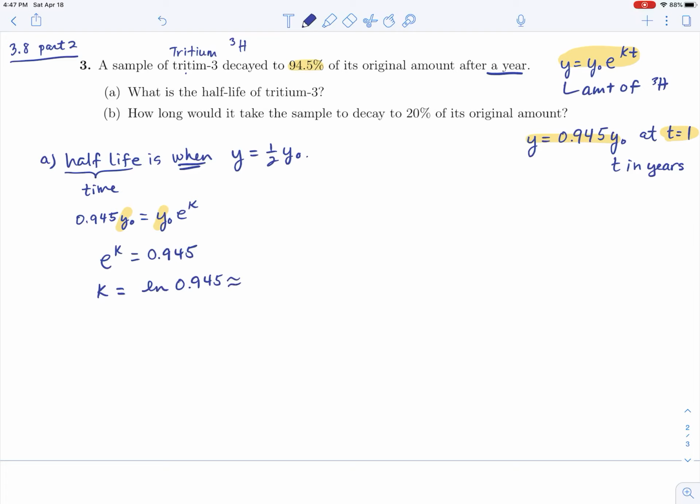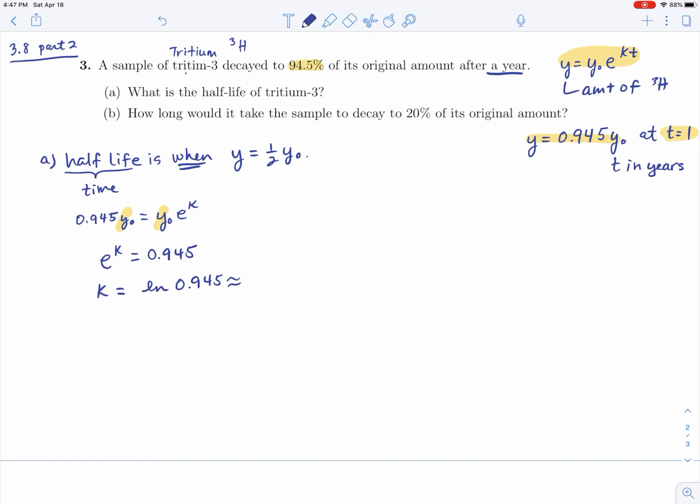I'll go ahead and put it into the calculator. So that is approximately negative 0.0566 if we round to 4 decimal places.